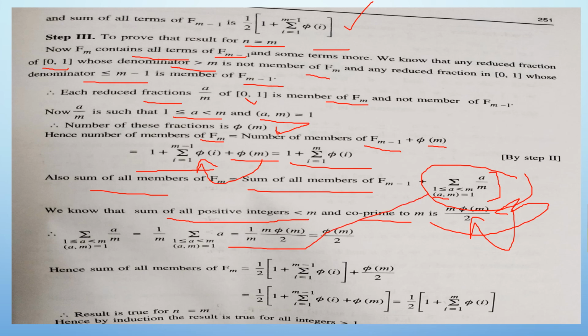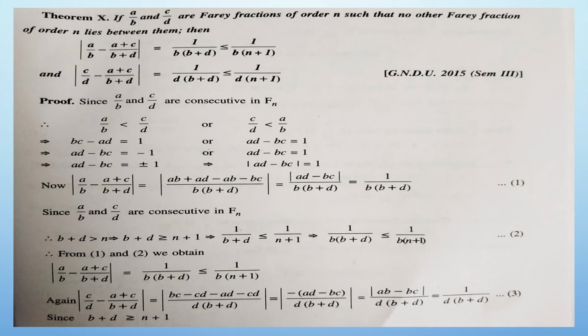Since we have taken 1 by m common, the sum of all a less than m and co-prime to m, cancelling m with m, we get phi(m) by 2. We put this value here, and combining this result with this, we get the result for n equal to m. So it is a very important result.